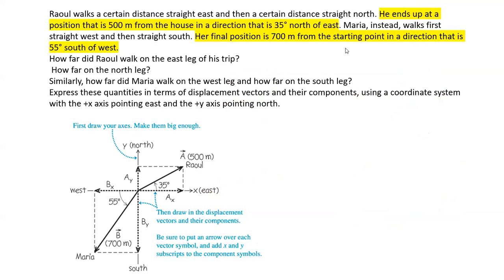This is from your textbook, and it's about drawing the vectors. Please go ahead and read. The only difference here is that they are using different language, north of east and south of west, to give you the directions.